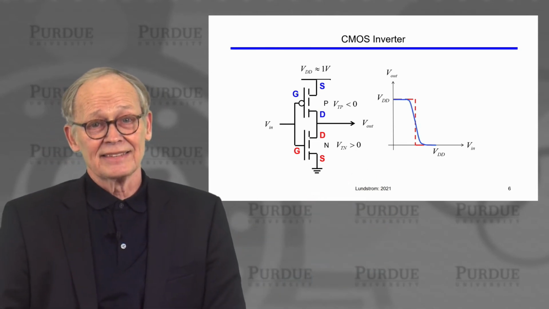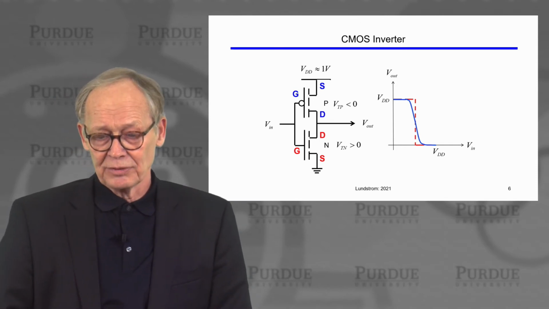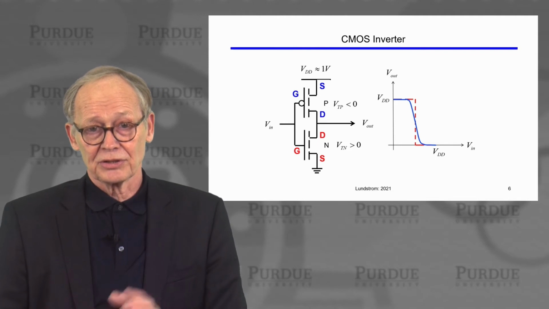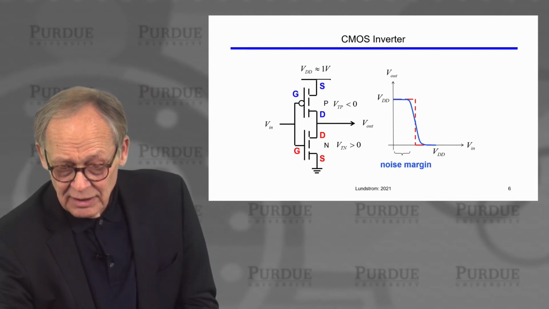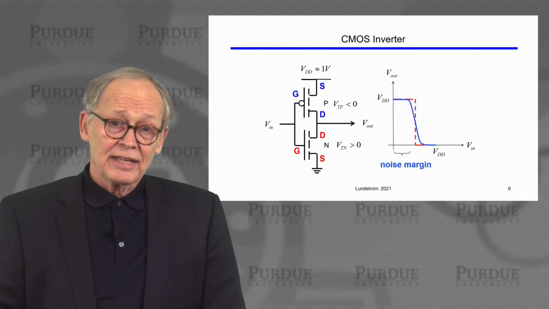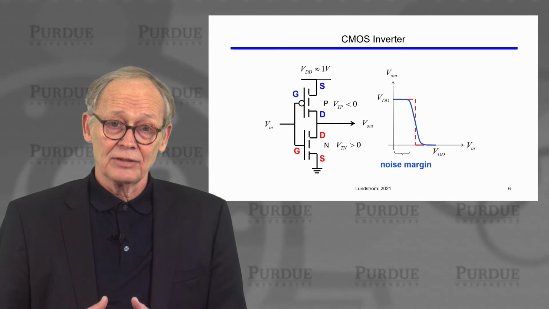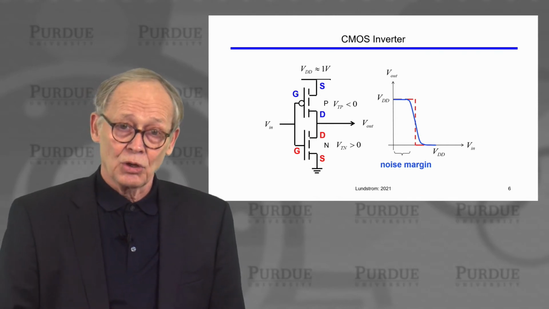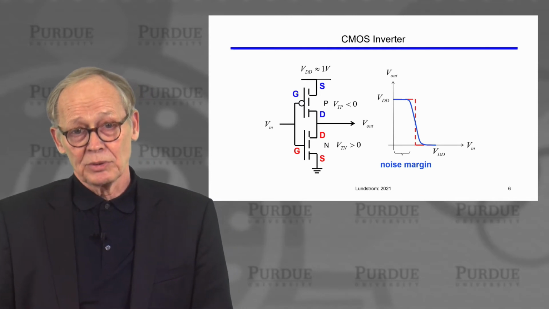A real device is not ideal. The transition from high output voltage to low output voltage occurs over a narrow voltage range. And you can see that an important characteristic of this circuit is that it displays a noise margin. At the low end, it's not sensitive to the precise value of the low input voltage.